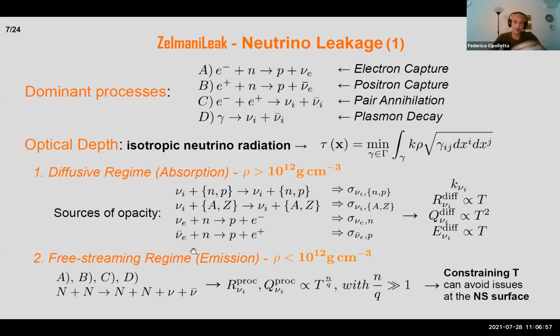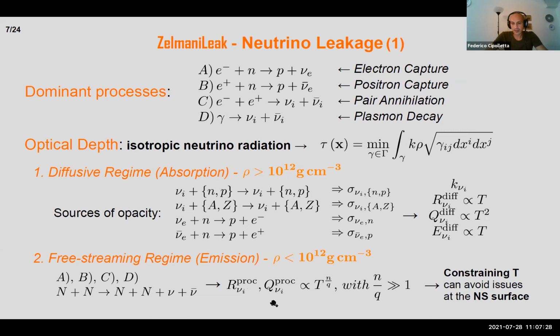And then you also have the free streaming regime, the regime in which the neutrinos are emitted, when the rest mass density is less than 10 to the 12 gram per centimeter to the -3. In this case, ZelmaniLeak considers all those reactions together with Bremsstrahlung, and gives an estimation for the number rate and energy rate for such processes.